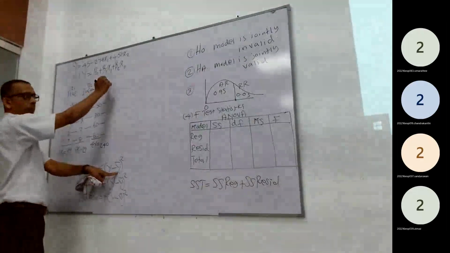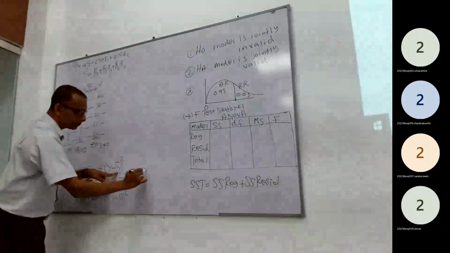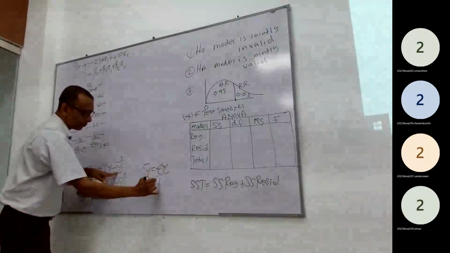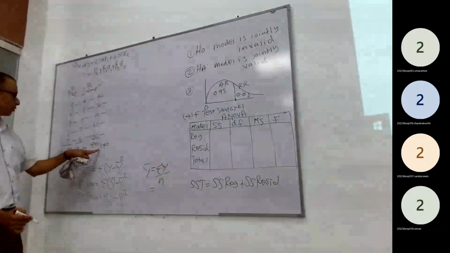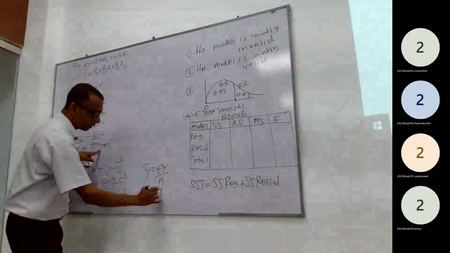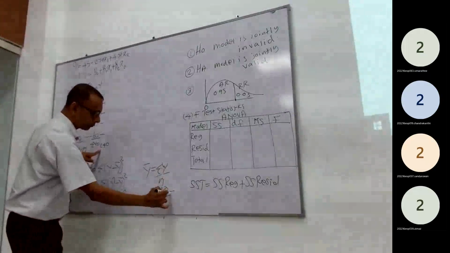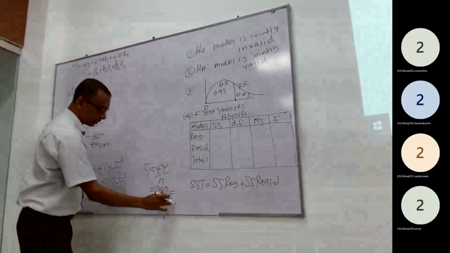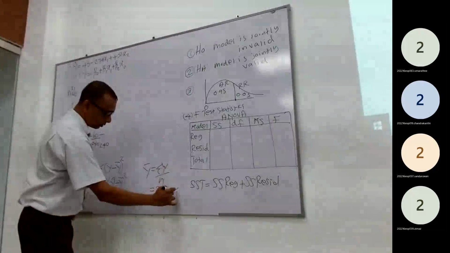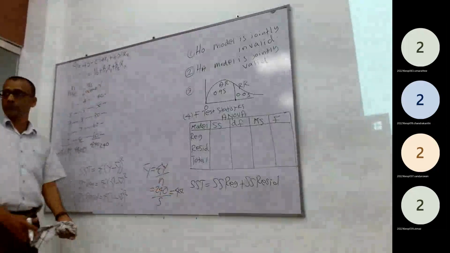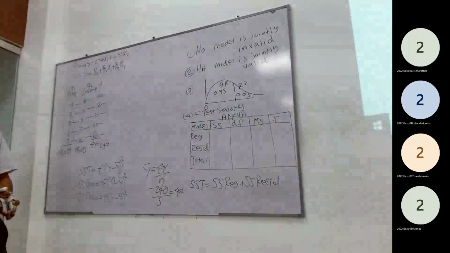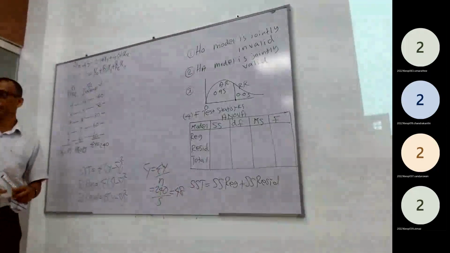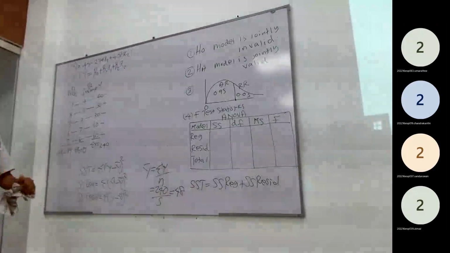Y bar: sigma y over n. Sigma y is 240 divided by 5, so y bar is 48.